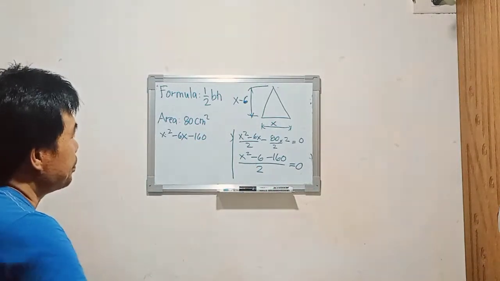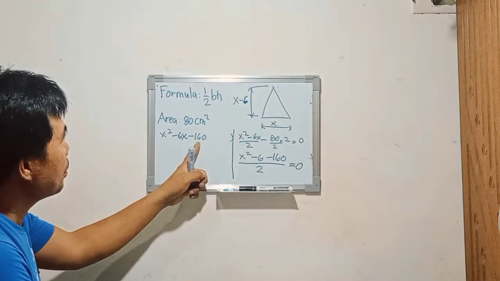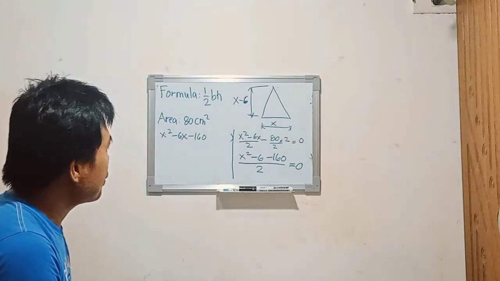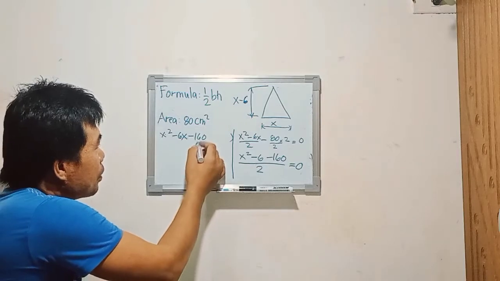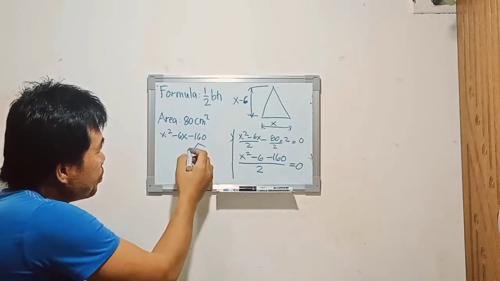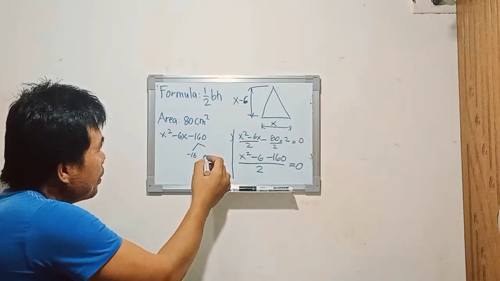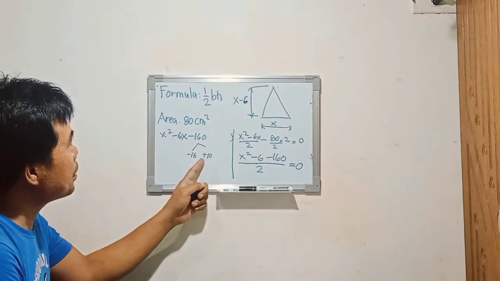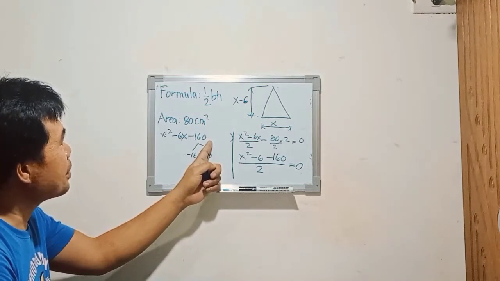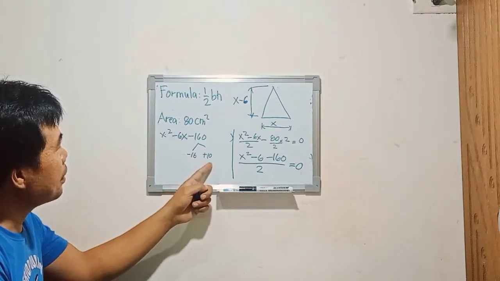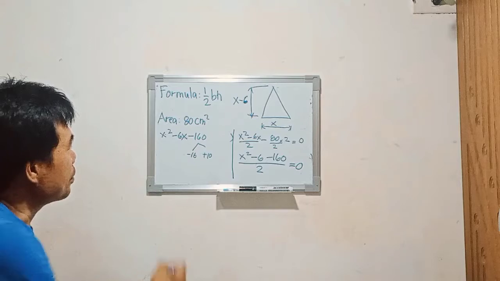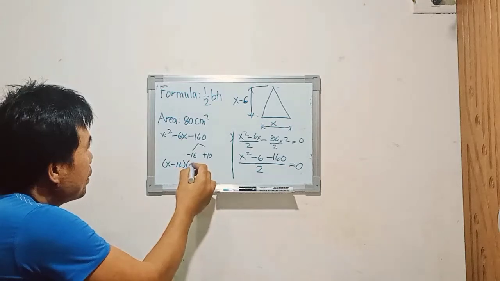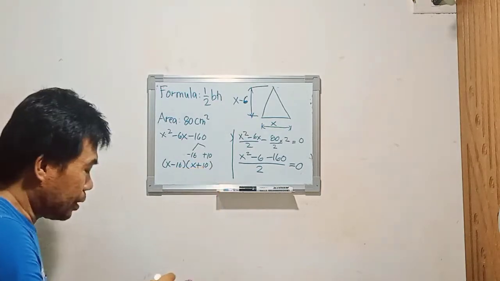Okay, so what are the factors of negative 160 that will sum up to negative 6? The factors of 160 would be minus 16 and plus 10. So minus 16 times positive 10 is negative 160. And negative 16 plus 10 is negative 6. So therefore our factors are x minus 16 and x plus 10.